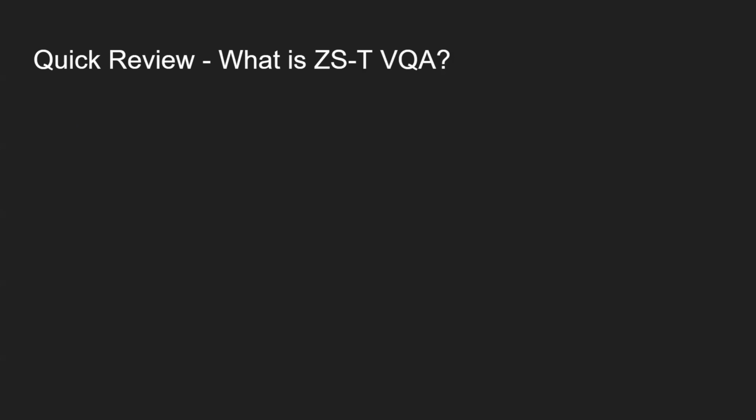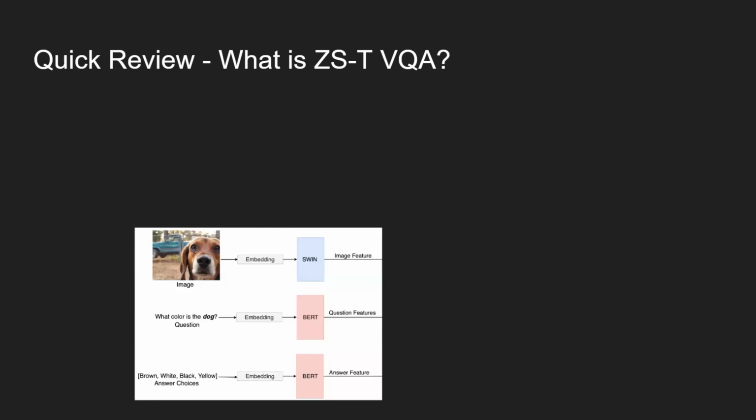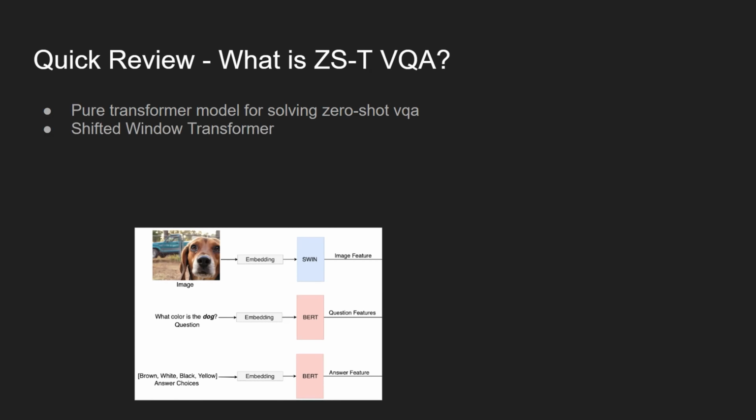So now that we've defined what zero shot is, what is Zesty VQA? Zesty VQA, or zero shot transformer visual question answering, as its name implies, is a pure transformer model for answering questions about images. The image embeddings are fed into a shifted window transformer, exactly SWIN. The text embeddings are fed into a BERT.